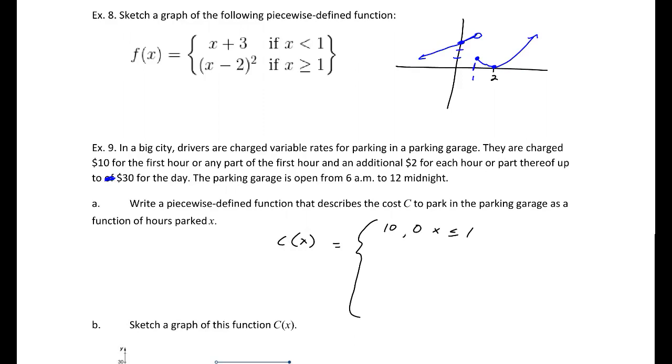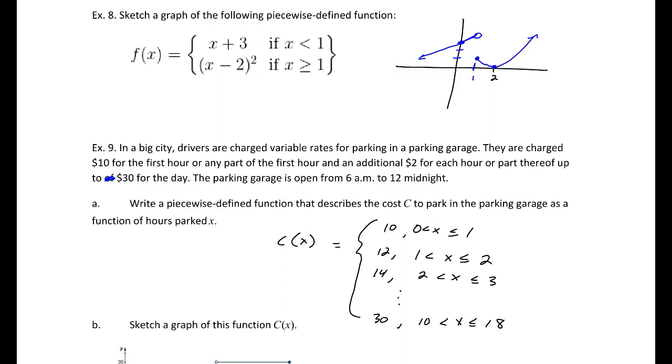Well, it's $12 if you are between 1 and 2 hours, $14 between 2 and 3 hours, all the way up to $30 if it is between 10 and 18 hours.